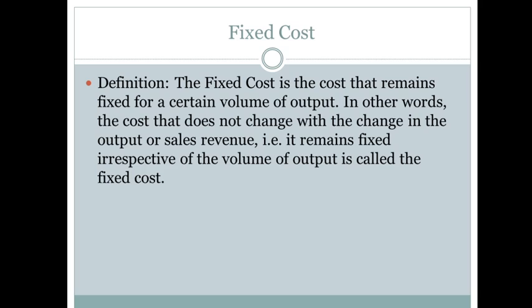In those things, the first thing is the fixed cost. The name itself tells us that fixed cost means the cost which is fixed, which remains unchanged irrespective of the number of outputs or irrespective of the production.